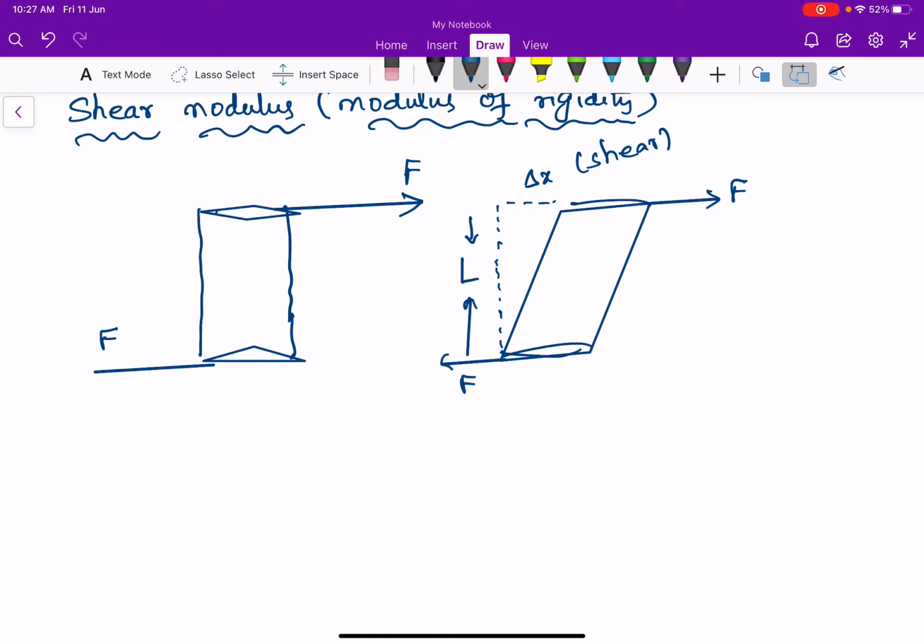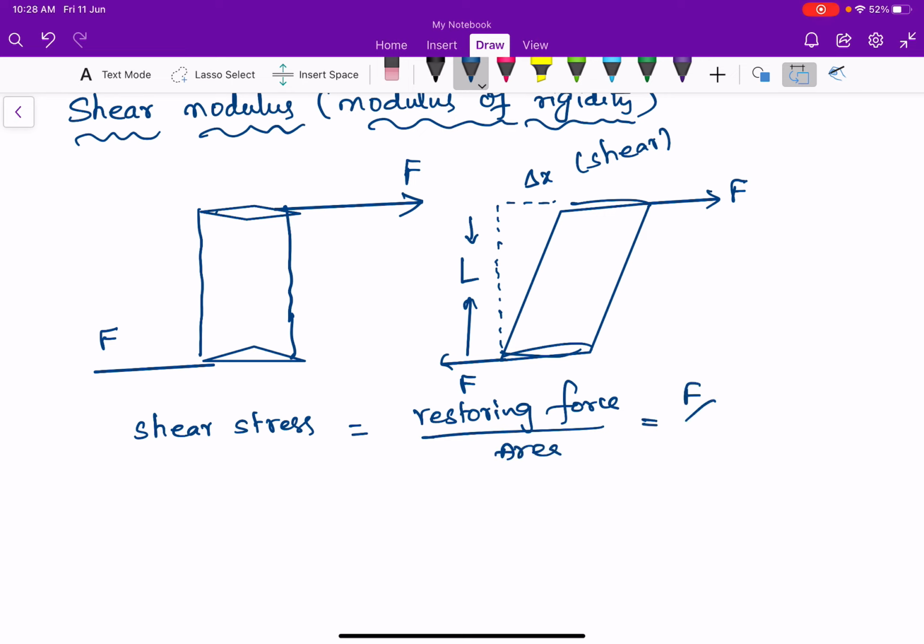Now the shear stress is the restoring force per unit area, that is F by A. And shear strain is delta X by L. Shear stress has units of Newton per meter square. Shear strain has no units.